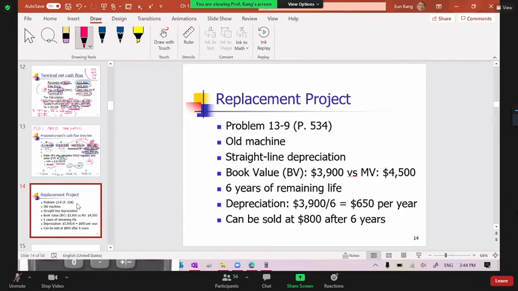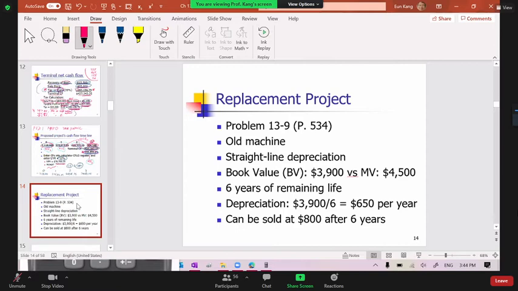Thus, the annual depreciation expense is, the book is wrong. It is not 4,100, but 3,900, because its current book value is 3,900.